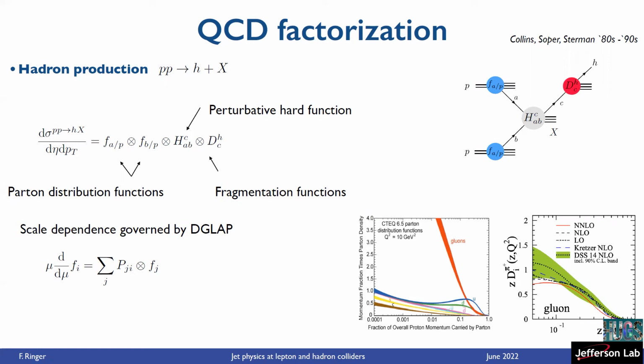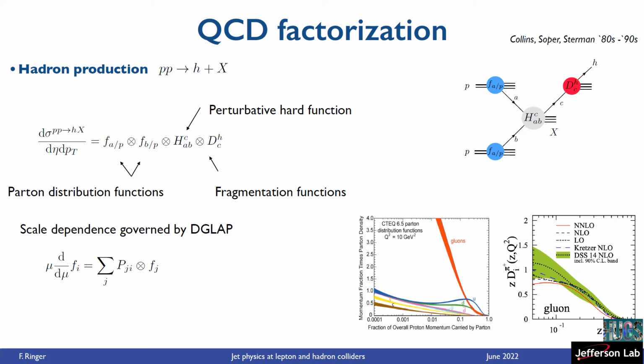Then in the final state, we have a high energy parton, which eventually turns into hadrons, and that's again a non-perturbative process that is captured by a fragmentation function. Mathematically, if you want to write down the cross-section for this process, that's the simplest thing we can do.